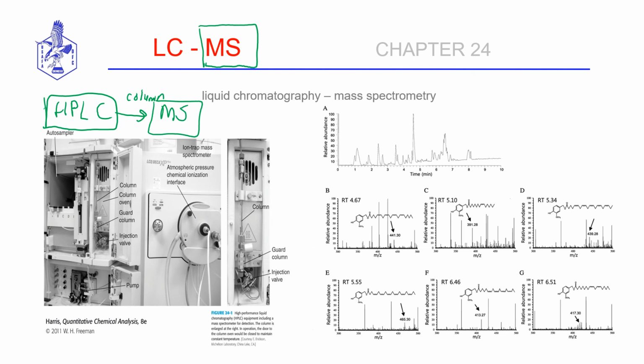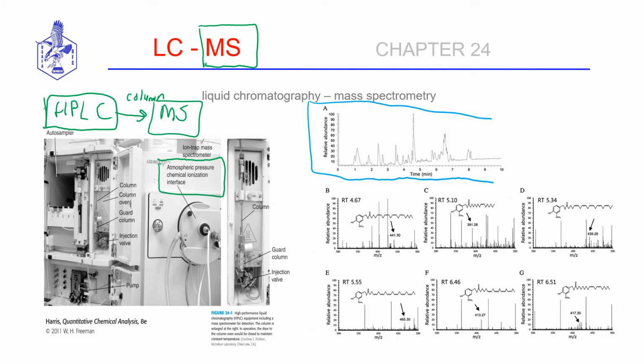So components on the left are the LC, and then to the right, we're entering into a chemical ionization interface, which is how we introduce a sample into the mass spectrometer. And the resultant spectra that we get, at the top, here's our chromatogram.